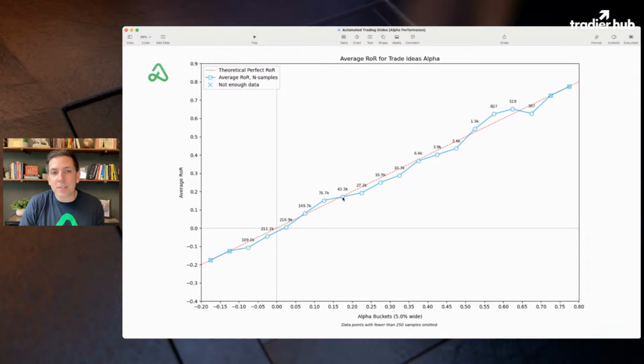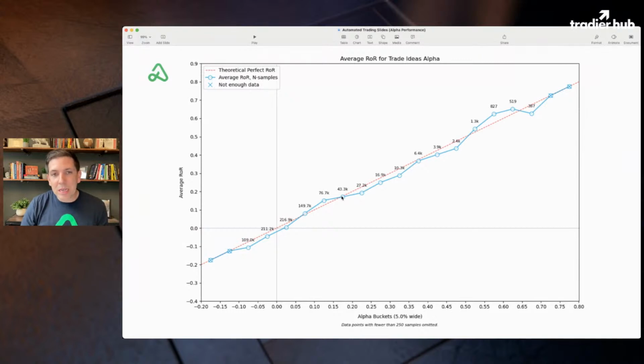So if alpha was saying, hey, if you make these trades over and over and over again across lots of tickers, and you had an alpha between 0.15 and 0.20, you actually ended up with an actual return on the risk of those positions of 0.15 to 0.20, which is exactly what it should be, which means it's accurately measuring risk when you start using it at mass scale, lots and lots of trades, lots and lots of opportunities.